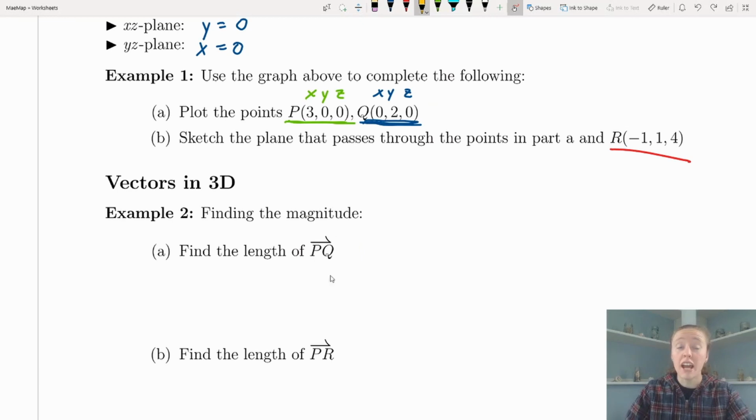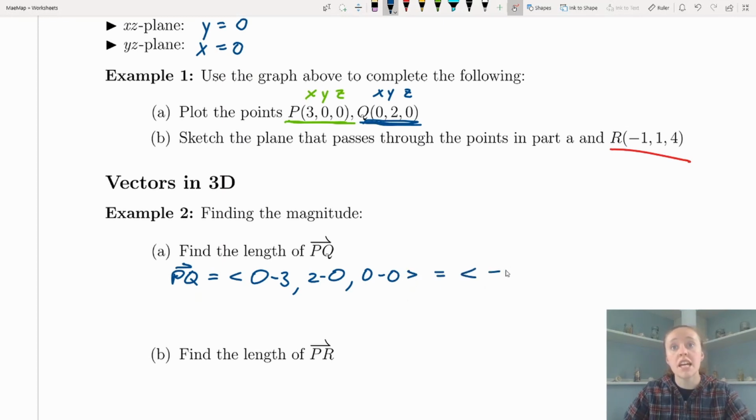And in order to create vector PQ, remember it's head minus tail. So PQ is going to be 0 minus 3, head minus tail for the first component, 2 minus 0, head minus tail for the second component, and 0 minus 0, head minus tail for that third component.